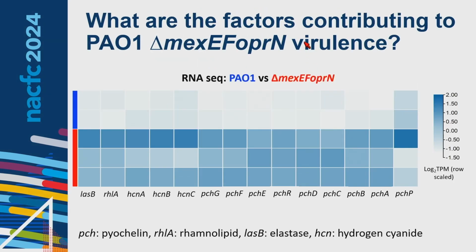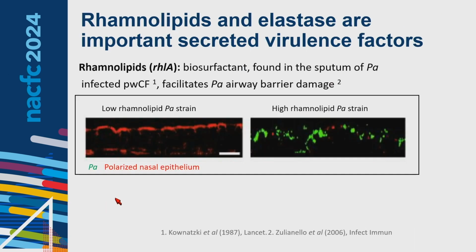So then we wanted to identify the factors which could contribute to the increased virulence of the mutant. We found that there were several virulence genes that were upregulated in the mutant compared to the wild type, but we chose to focus on two genes, LASB and RHLA. RHLA is a gene involved in the biosynthesis of rhamnolipids, a biosurfactant that can be found in the sputum of CF individuals infected with Pseudomonas.